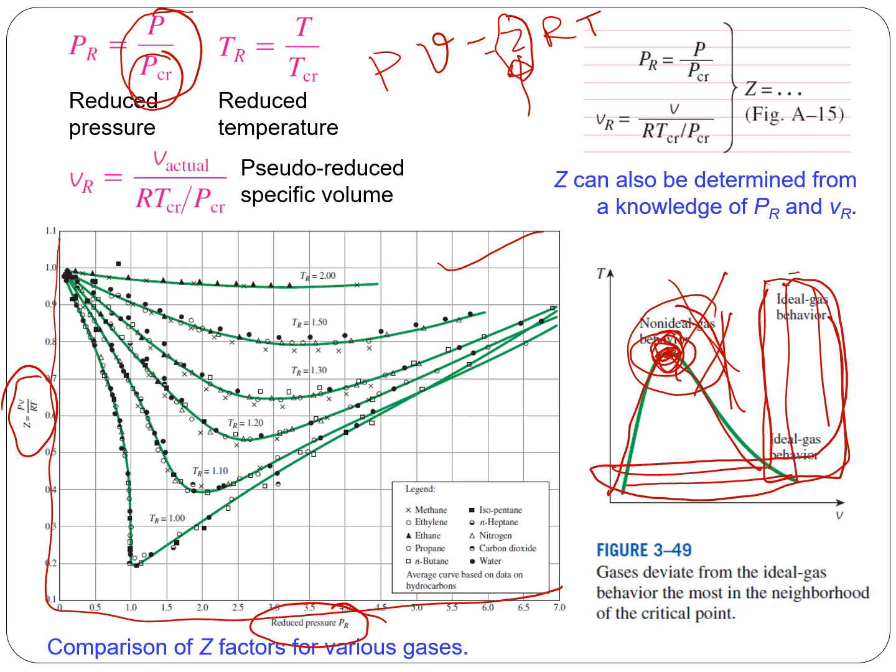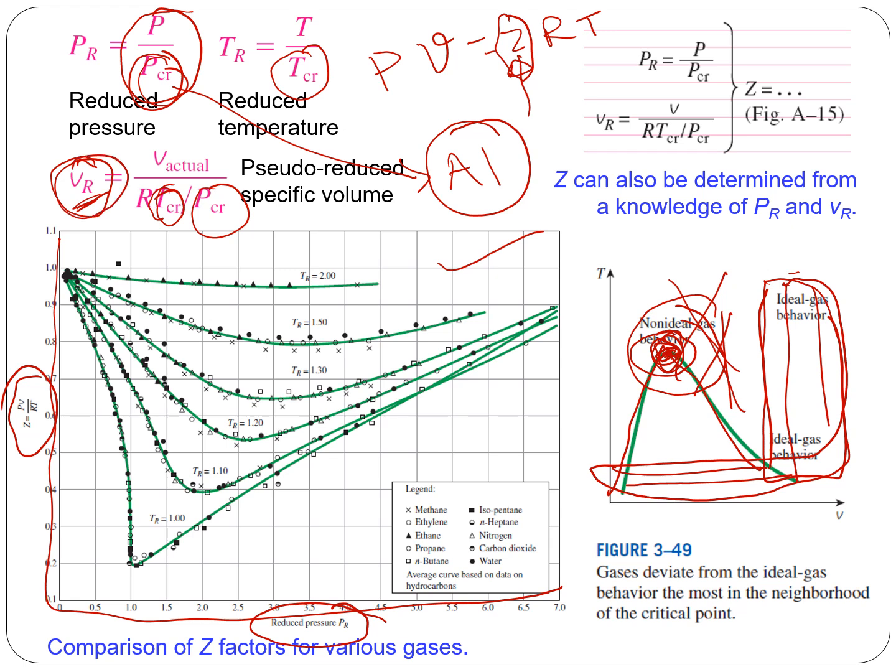The value of this can be found from Appendix A1, and so is the case for T critical. Since P and V are related, from T critical and P critical you can find the reduced volume.